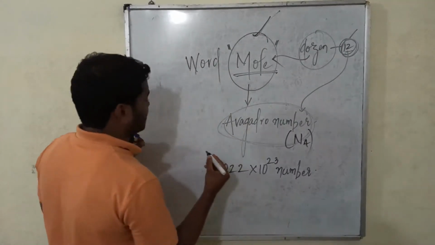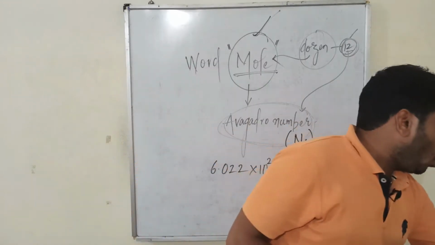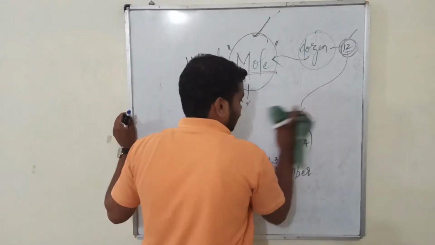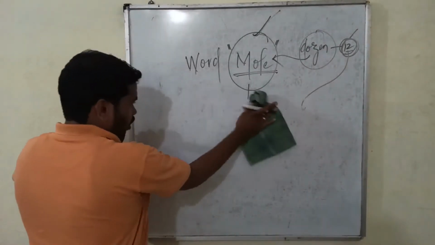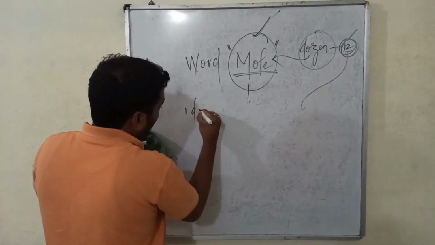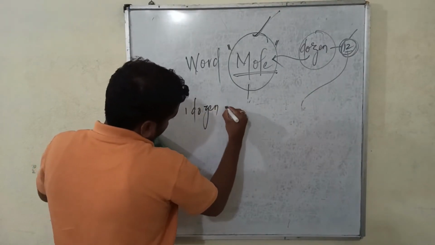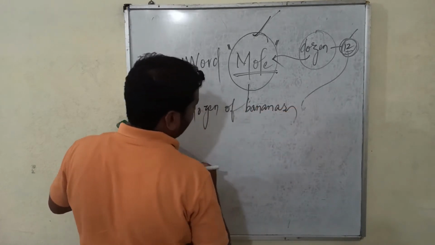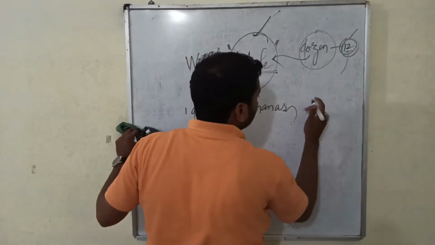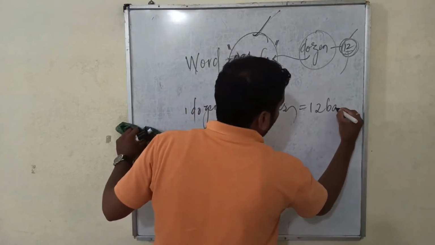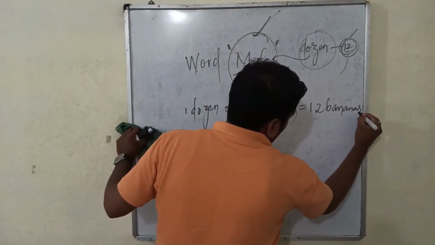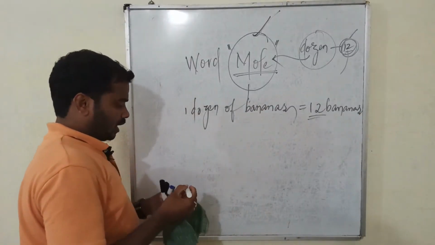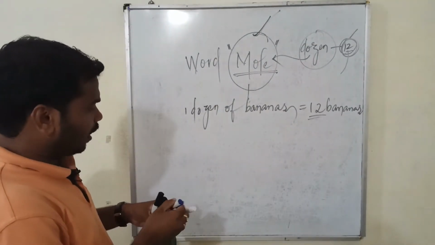Like that, let me write 1 dozen of bananas is equal to 12 bananas.